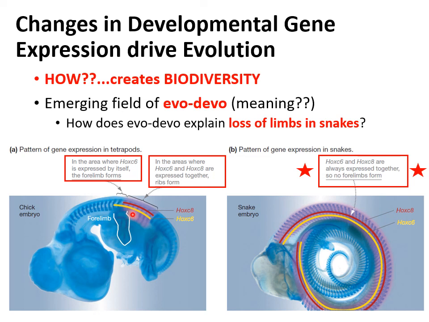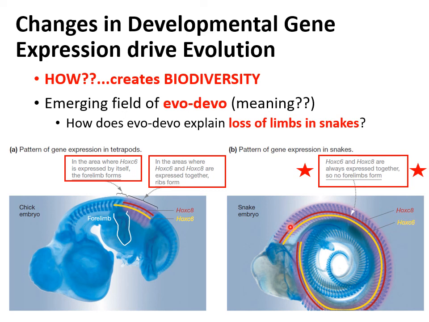If, however, both Hox genes, HOX6 and 8, are expressed at the same time, instead of a limb, you get a rib. Now, what do you notice about the snake embryo with development and gene expression? All along that embryo, HOX6 and 8 are expressed together at the same time. There is no location on this embryo where you have just HOX6, which means there's no location where forelimbs would develop, okay?